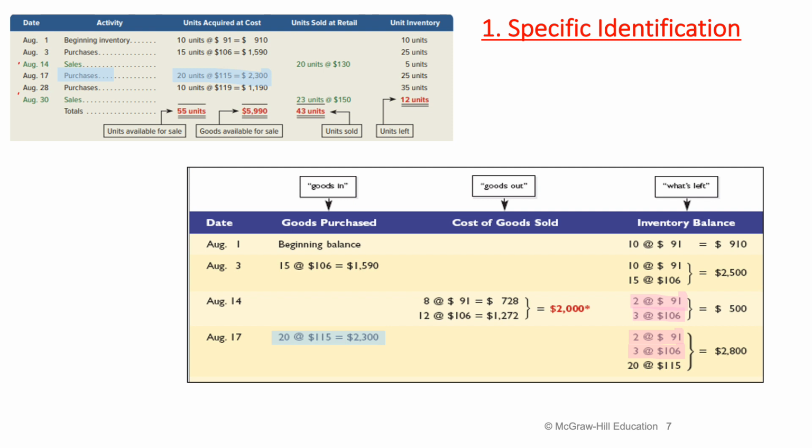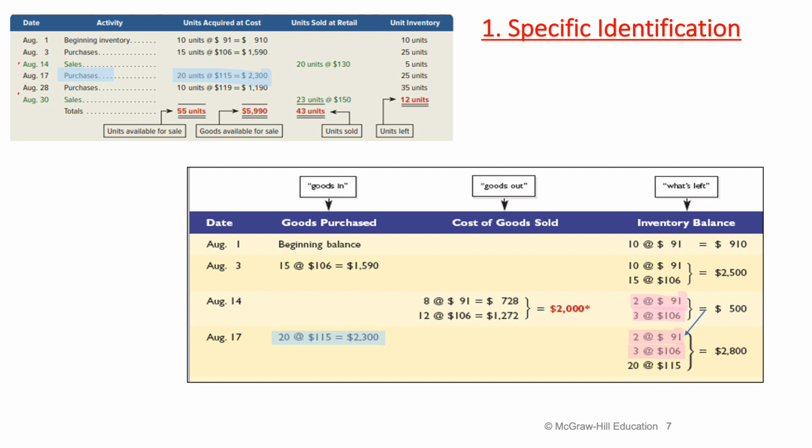Now remember, if I'm going to calculate the inventory balance, I'm going to take what's left in the inventory on August 14. We have 2 units multiplied by 91, so I'm just copying them directly. And then I have 3 units left multiplied by 106.